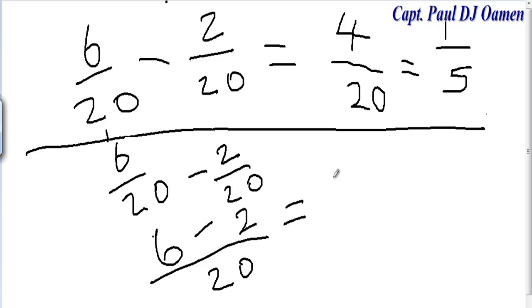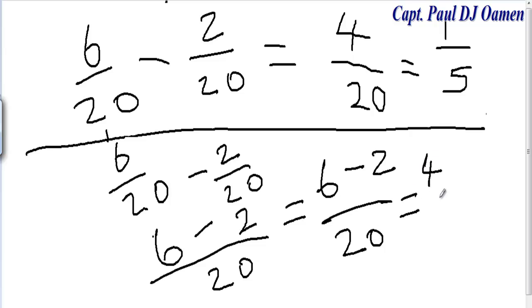So at the end of the day, you end up with 6 minus 2 over 20, which means take away 2 from 6, that will be 4, and that's 20, and you simplify it by just going for 1 over 5. That's simple.